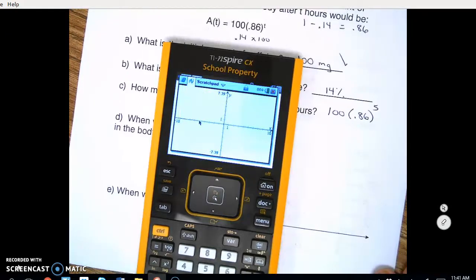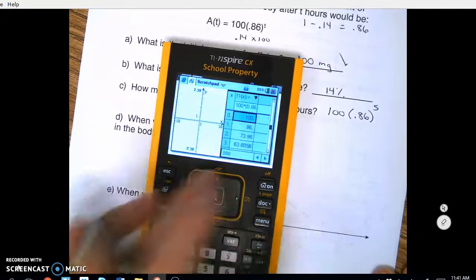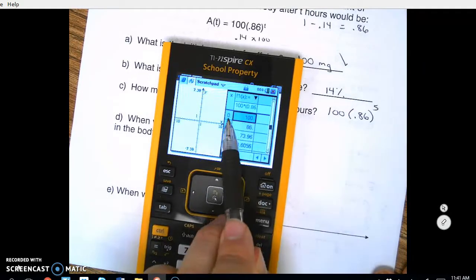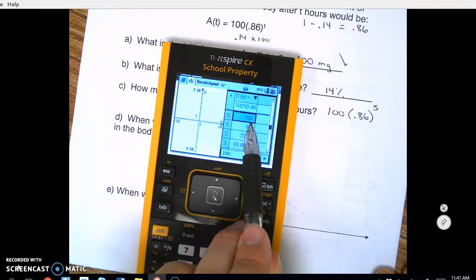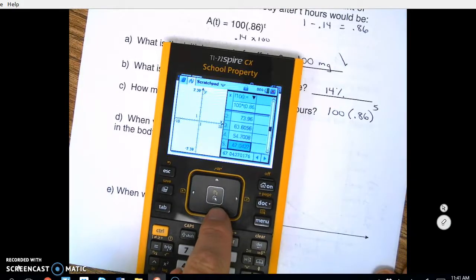It's okay if nothing shows up. Go ahead and press Control T, and notice here at time 0, we have 100 milligrams of caffeine, and as time increases, the amount of caffeine decreases.